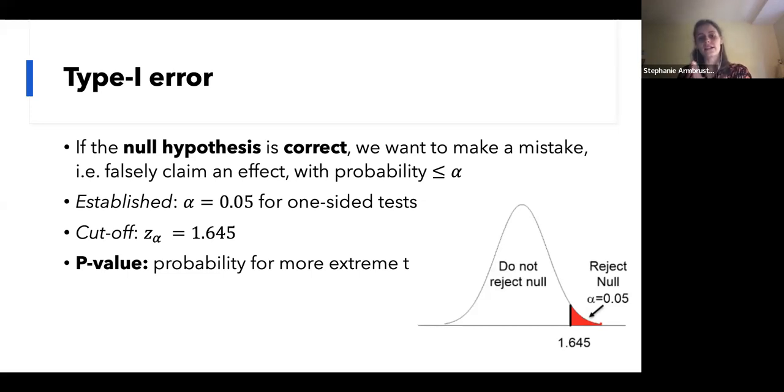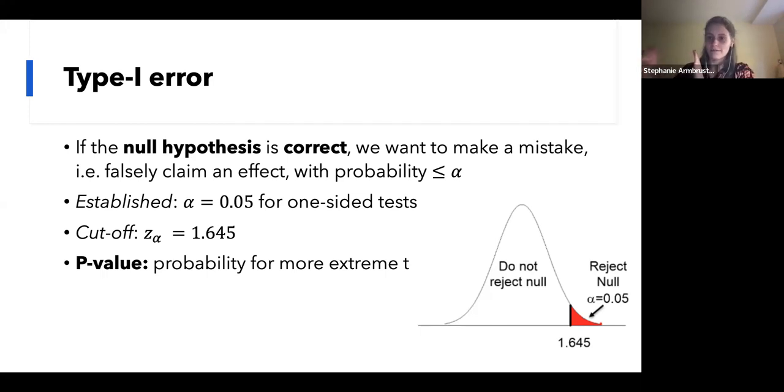By choosing this cutoff value, we guarantee this alpha type 1 error, because as you can see, under the null, under the assumption that statins do not have an effect, we only fall in this upper tail with a probability of 0.05.